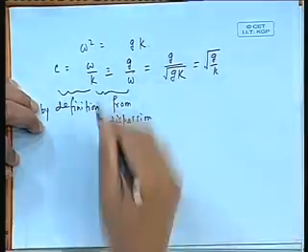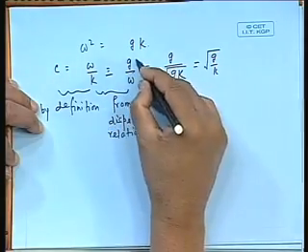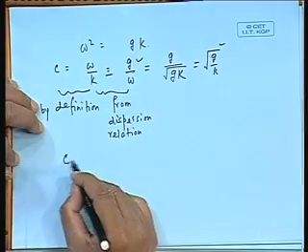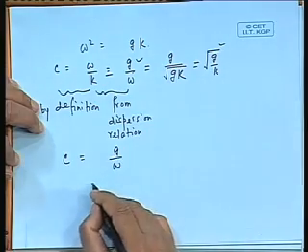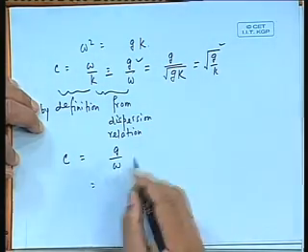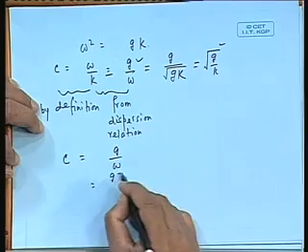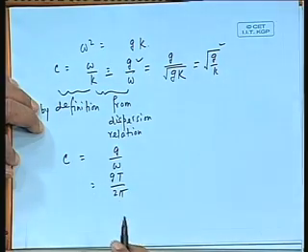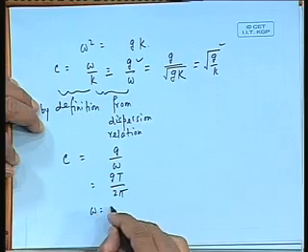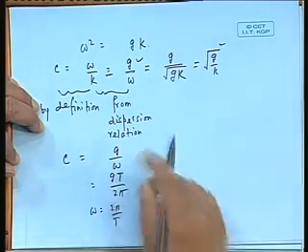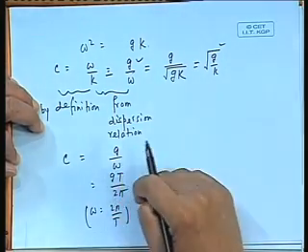Now, let me write in terms of these two relations. My speed c becomes g by omega. But what is g by omega? Omega is 2 pi by T. So, it is g T by 2 pi, because omega is 2 pi by T. So, I am writing in terms of period.